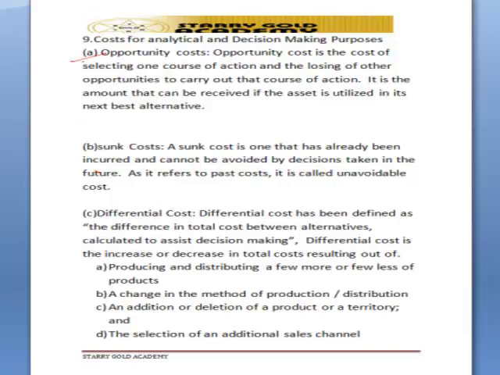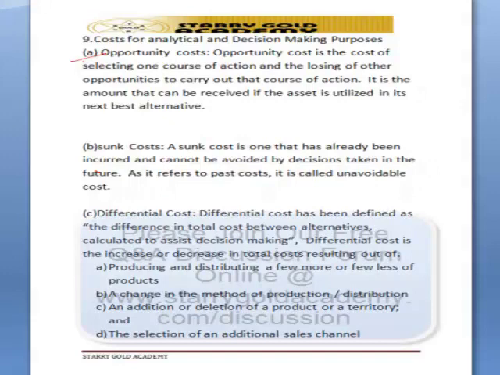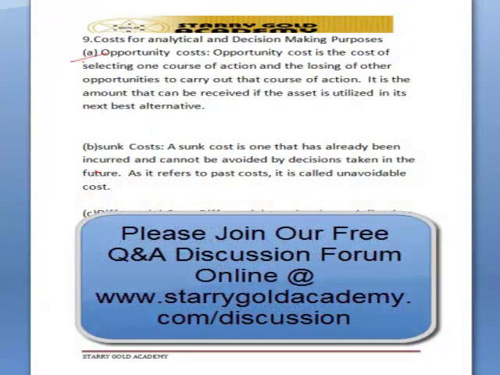Opportunity cost is the cost of selecting one course of action and losing the other opportunities to carry out that action. That is what we mean by opportunity costs. So take note of that.